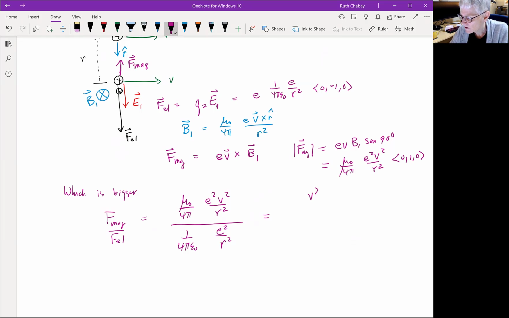That gives us a V squared up here and a 1 over 4 pi epsilon 0 divided by mu 0 over 4 pi here.